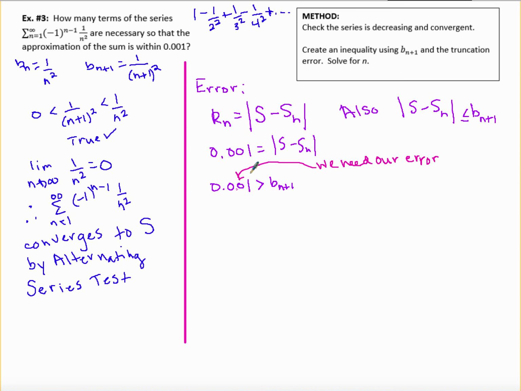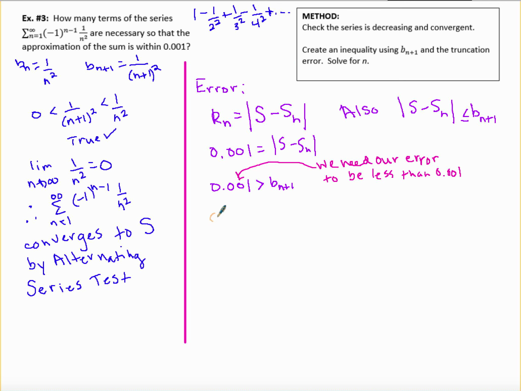And I guess I could probably write this in the opposite order, but it means the same thing. All right, so let's go ahead and pop in b sub n plus 1. We actually figured it out earlier. It's 1 divided by n plus 1 squared. So let's go ahead and use that.